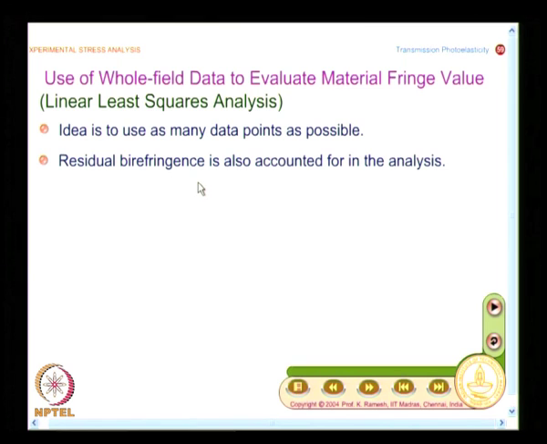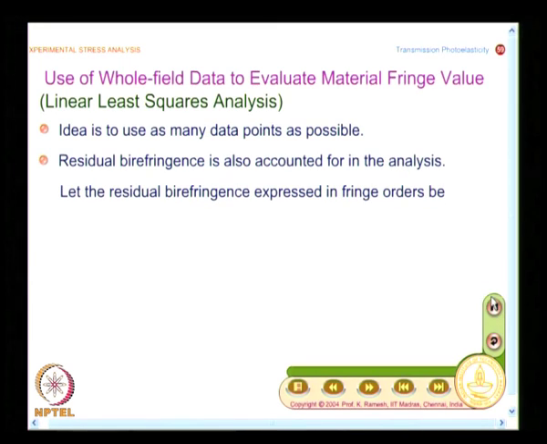So, one of the very simple aspects we can do is, when I say I will also model the residual birefringence in the analysis, a simplest assumption possible is to idealize this as a linear variation. It will be a function of x comma y. My focus is only to find out f sigma, but I bring in one more aspect which I feel is logically sound, so that I have a better analytical model to handle even situations where I may have residual birefringence inadvertently introduced.